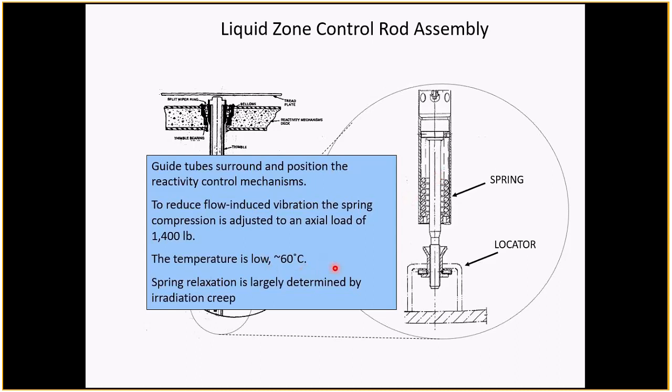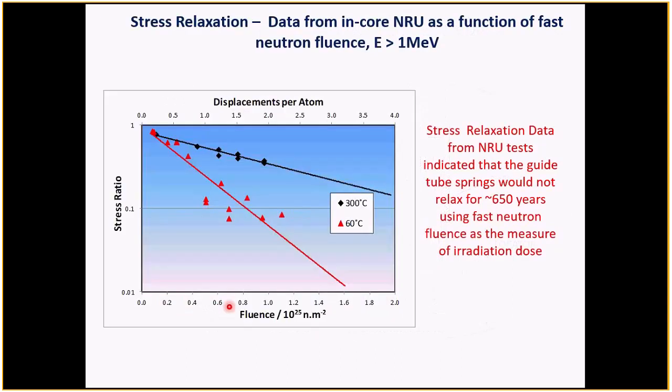And the temperature is low, 60 degrees C. So they wouldn't really expect much relaxation thermally over the life of the reactor. So any relaxation because of that diffusional mass transfer that I talked about is likely to happen because of radiation creep.